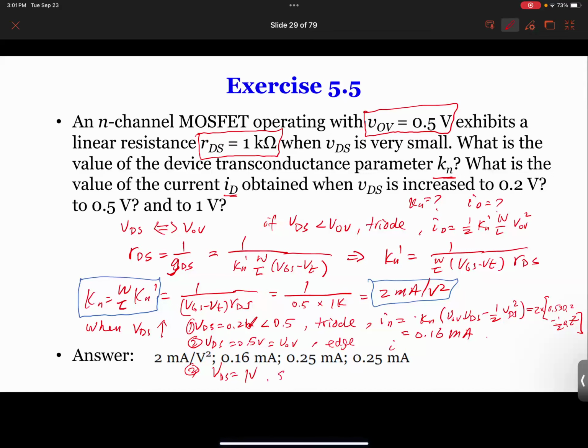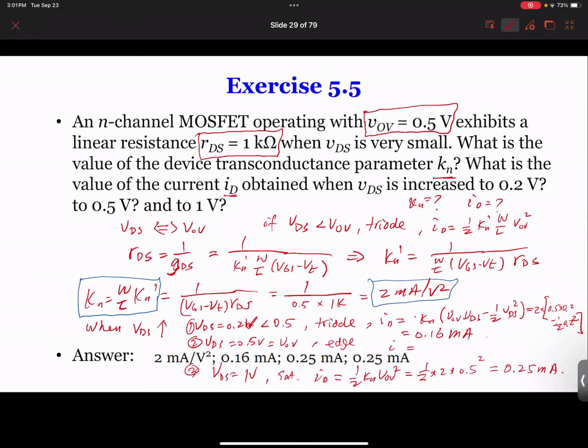But this is going to be in the saturation region. And therefore, we're going to use ID equal to 1/2 Kn VOV squared. So it's 1/2 times 2 times 0.5 squared. So it's going to be 0.25 milliamps. So that's the last one.